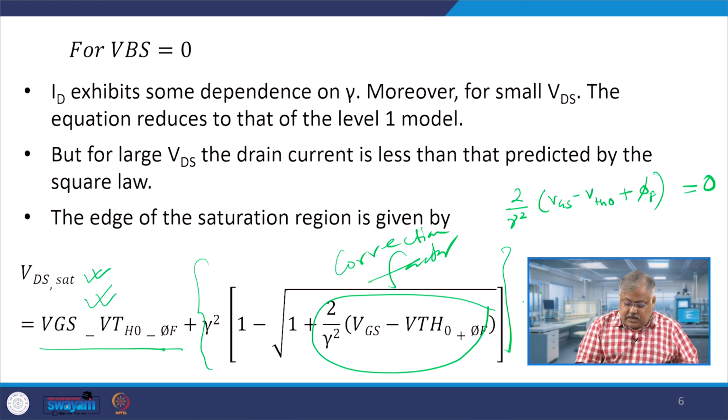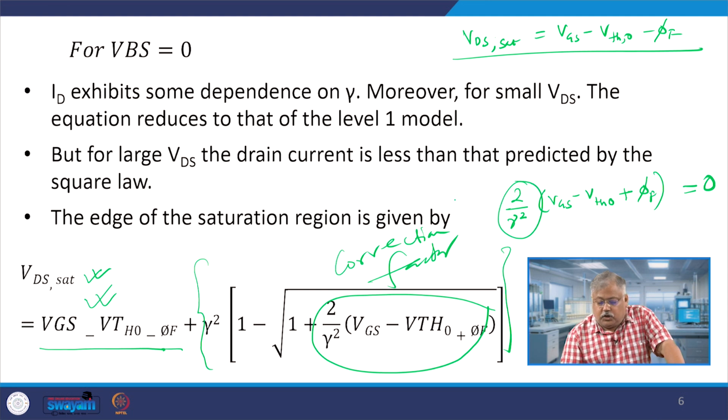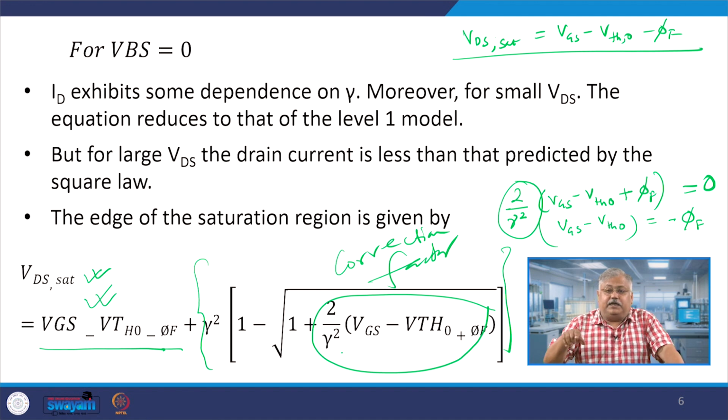In this case, this will be 0, and you will be left with VDS sat being just equal to VGS minus VTH 0 minus phi f. So, you see, this cannot be equal to 0. So, what I am left with is that if VGS minus VTH 0 becomes equal to minus phi f, then you will have this quantity.